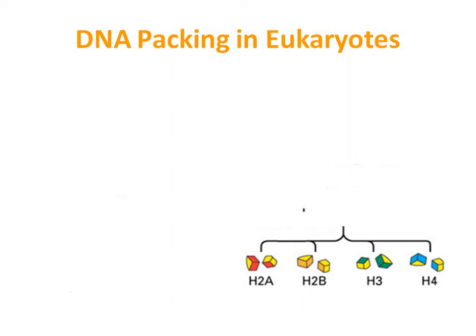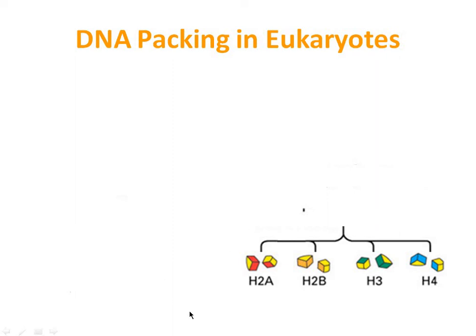Now, in eukaryotes, for the packing of DNA, we have the histone proteins and the DNA molecule. To form a nucleosome, because the nucleosome is the basic unit of this DNA packing, a nucleosome consists of an octamer.